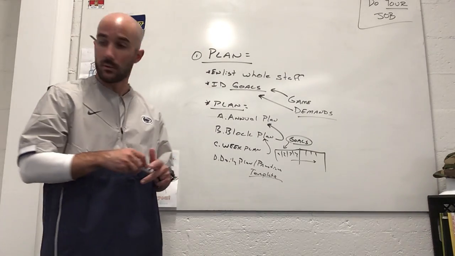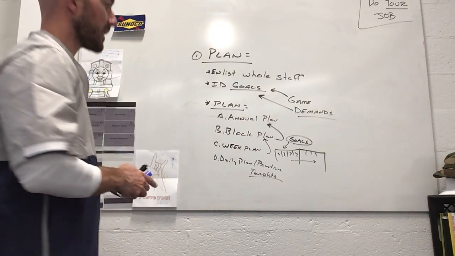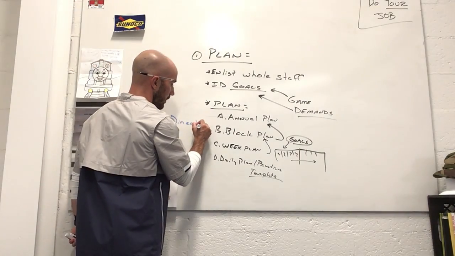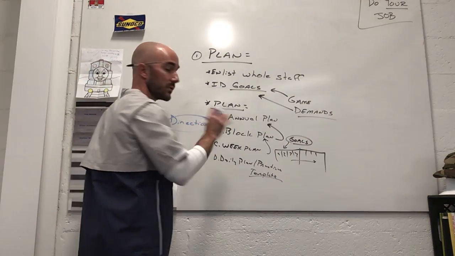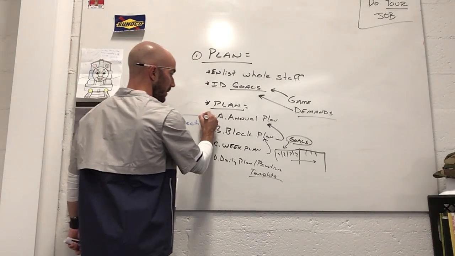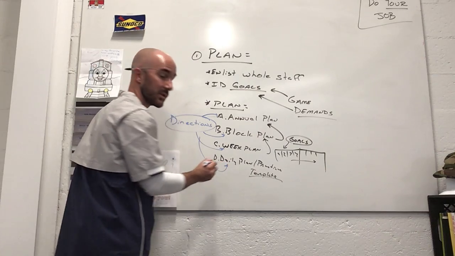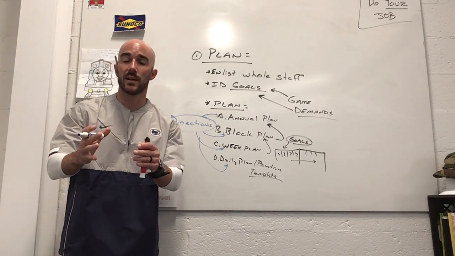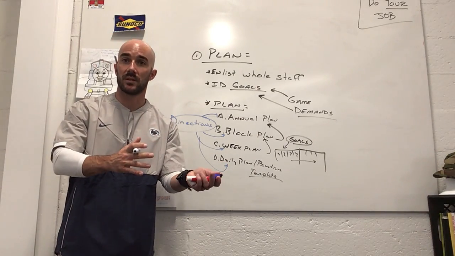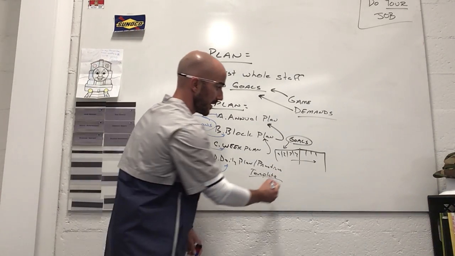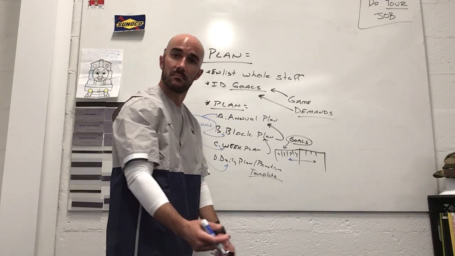The biggest thing here within all of our planning is we have directions. What do I want to accomplish this year, this block, this week, today? Once we think about that, everything complements one another. So let's say this is my block here, and I really want week 3 to be heavy.